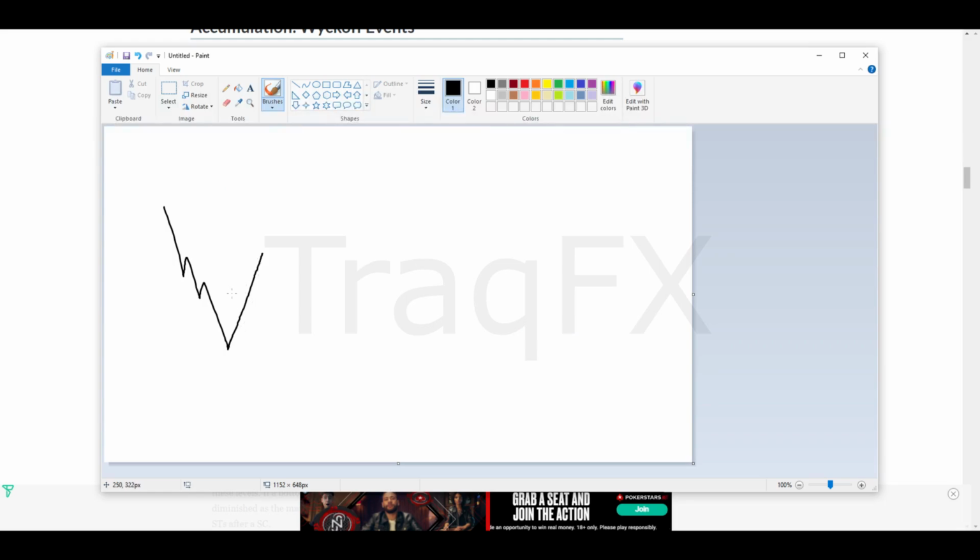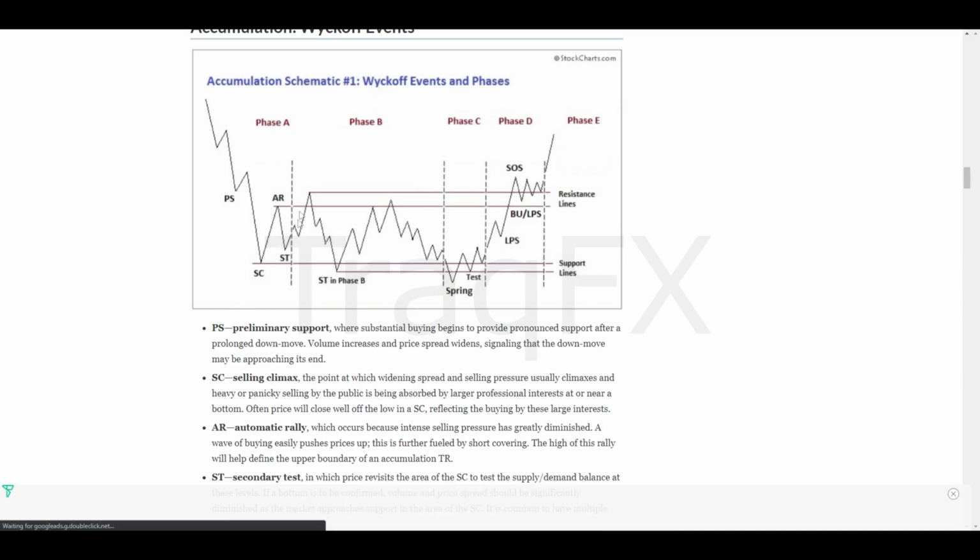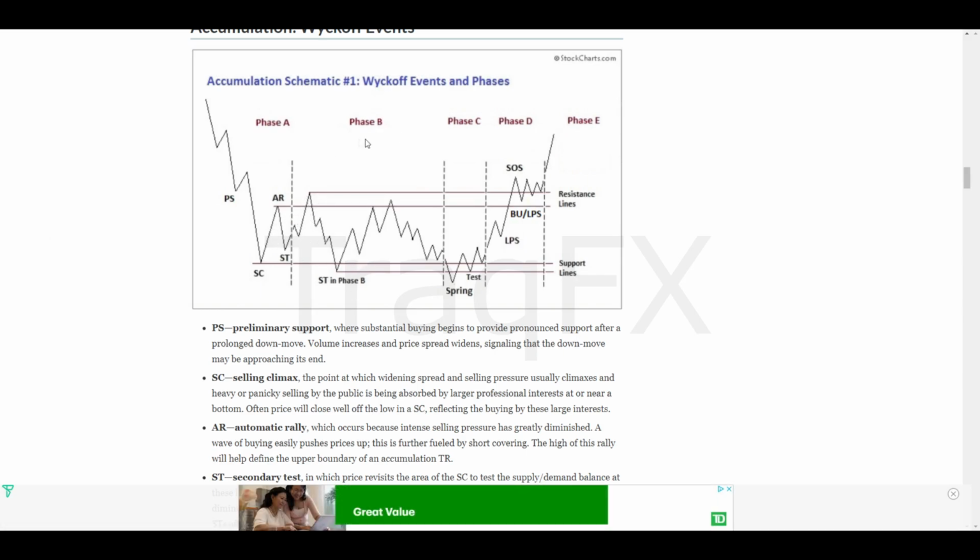Inside of this push up, you're going to see a demand zone, and most likely an institutional candle, and the market is going to have to come back down to retest that institutional candle. This can be seen as your secondary test, where the market makes a second test in the same area of that selling climax, and then from there you'll most likely see a small wave of buying pressure form. So then you see that move up, and now we're in phase B.